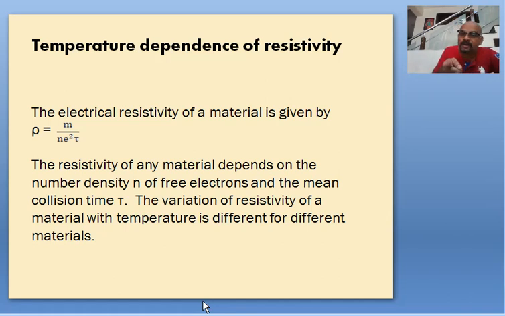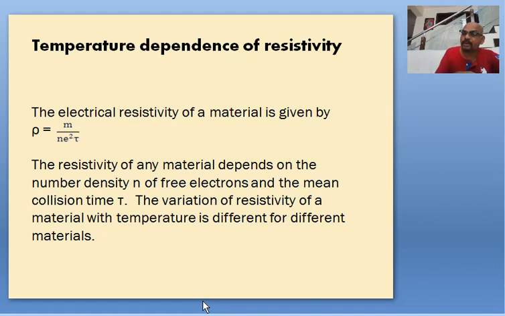What is the reciprocal of resistivity? Conductivity. So conductivity is equal to n e square tau divided by m, if you remember this derivation. The reciprocal of conductivity is resistivity.